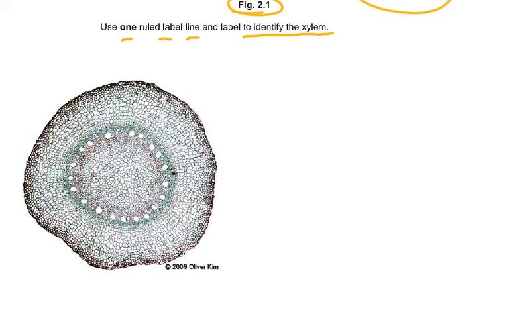Now, if you look at this slide, we have to draw a quarter of it. So a quarter of it would be something like this. You have to realize there are these two lines here, then there is this line here, then there is another line here. Of course, you're not going to draw the xylem vessel, so you're not going to draw this.